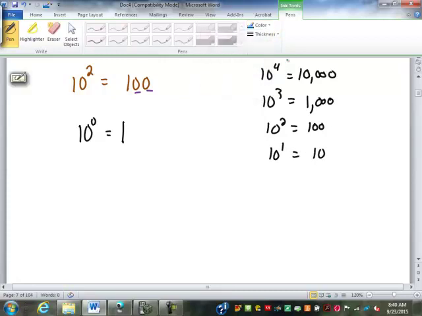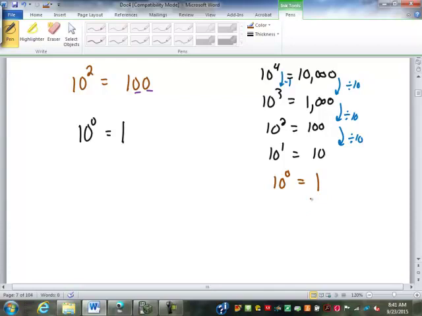If we look at this and look for a pattern, our powers of 10, when the power reduces by 1, the answer over here is divided by 10. At each spot, this is divided by 10. This is divided by 10. So if I were to keep going here, 10 to the power of 0, what's 10 divided by 10? 1. Anything to the power of 0 has to be 1.